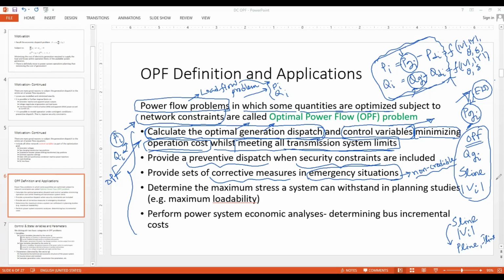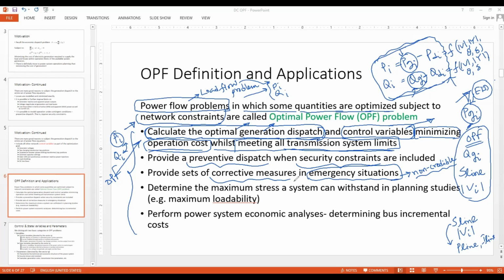A sudden storm came which we couldn't forecast beforehand, and there was a huge gust of wind, and because of that some of your transmission network has been damaged to an extent that you are unable to supply the power through those networks.